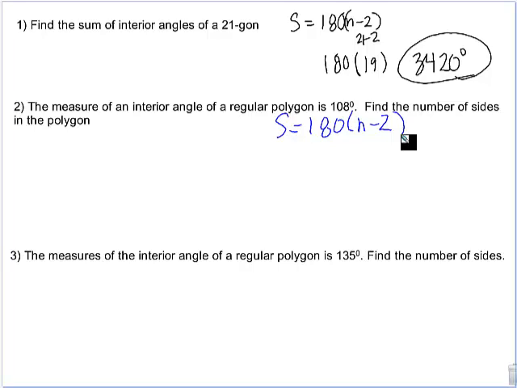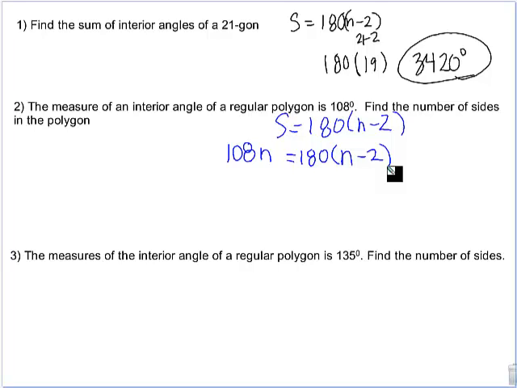Yes. 4 sides has 4 angles, 3 sides has 3 angles. So instead of the sum, we can rewrite it as 108 times n, the number of sides, because that would also give us the total sum.